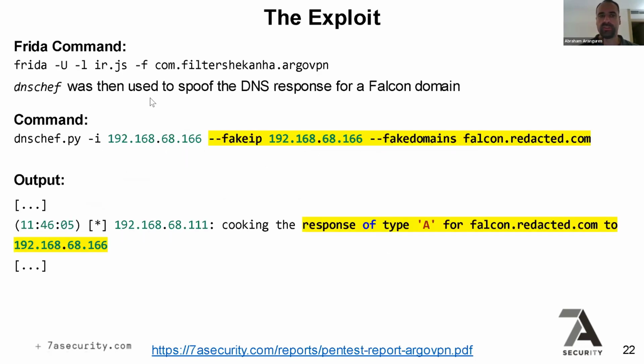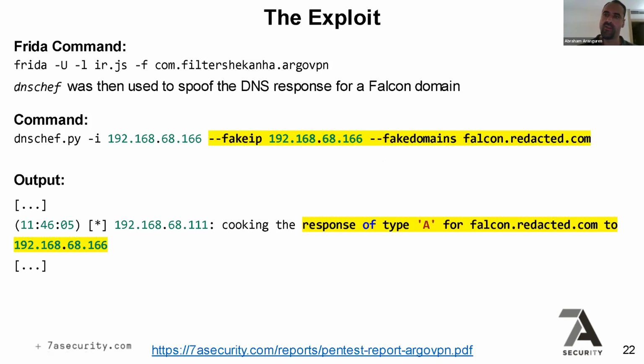And then what we did is we use a Frida script to fake that we are in Iran, and then using DNS Chef, we can spoof DNS responses for the specific servers that Argo VPN is trying to connect to, and then we give an invalid fake IP, and then Argo VPN cannot connect to the VPN, and then the Iranian user cannot access the free internet, which is the entire point of this application, right?